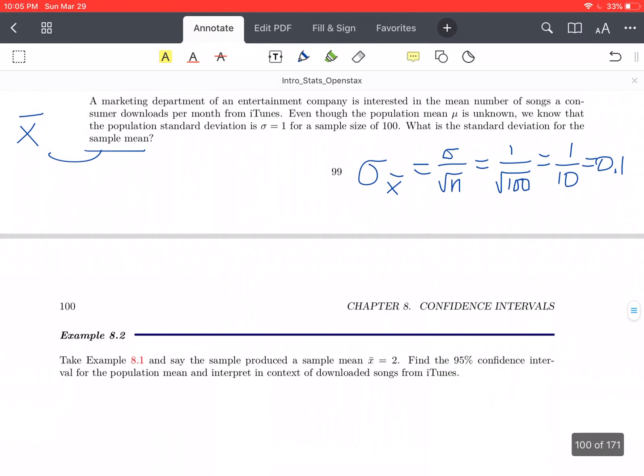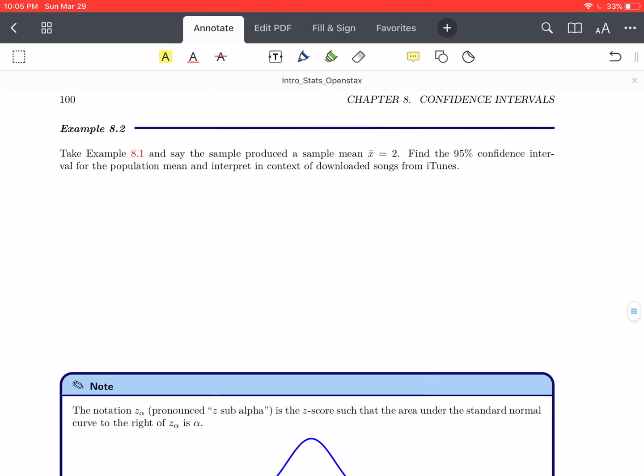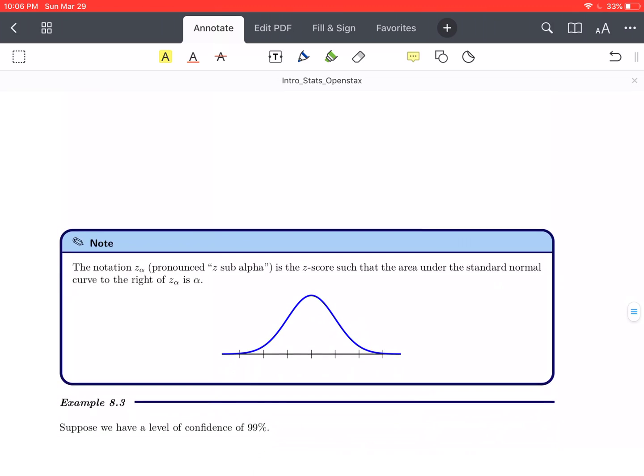So in this example, say the sample produced a sample mean of x bar equals 2. Find the 95% confidence interval for the population mean and interpret in context of downloaded songs from iTunes. The first thing we need to do before we actually look at finding this confidence interval, I want to just come down here for a second to this note.